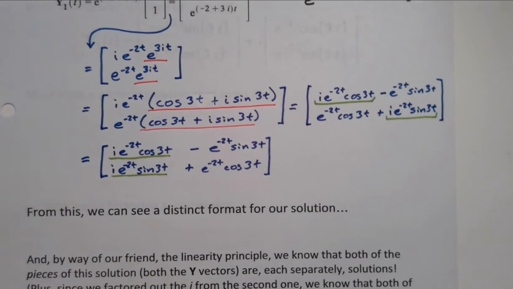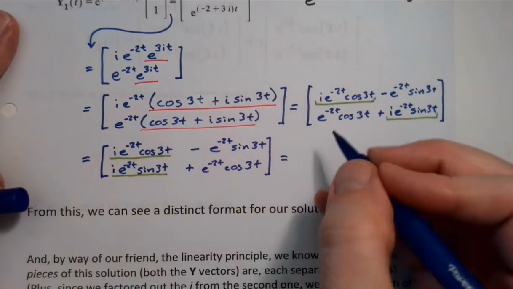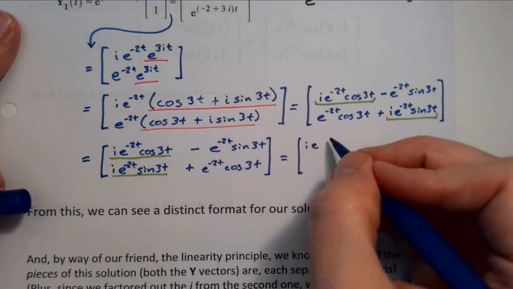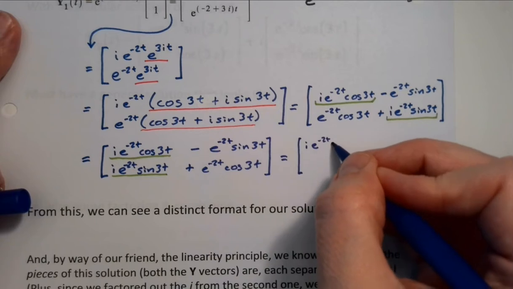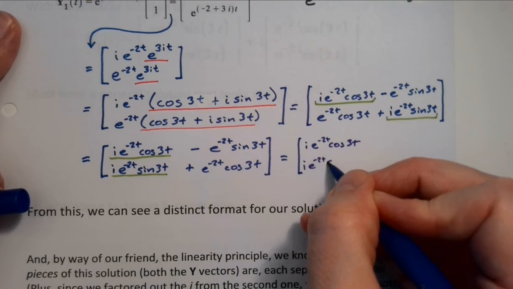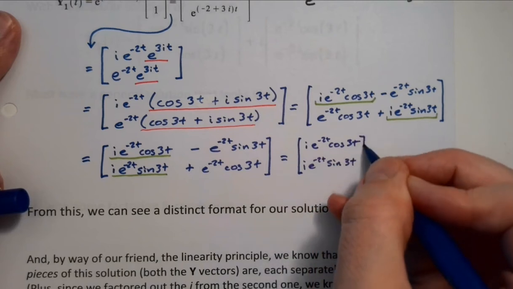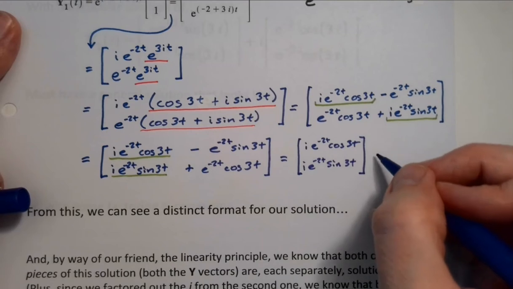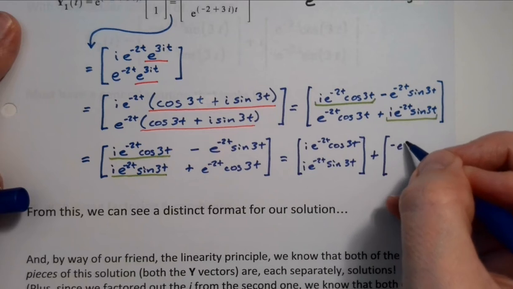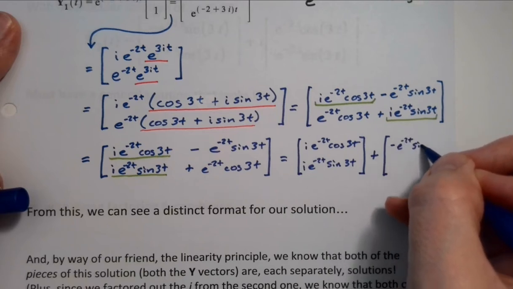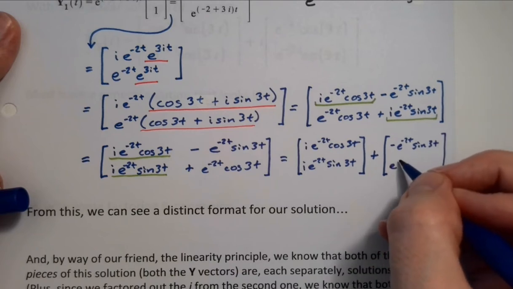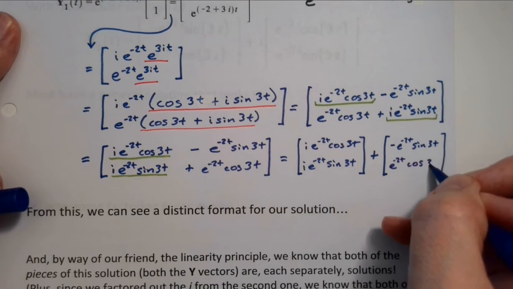So really, I could rewrite this as, the first part's going to look like this: i e to the minus 2t cosine 3t, and in the bottom i e to the minus 2t sine 3t, and then plus negative e to the minus 2t sine 3t, and e to the minus 2t cosine 3t.